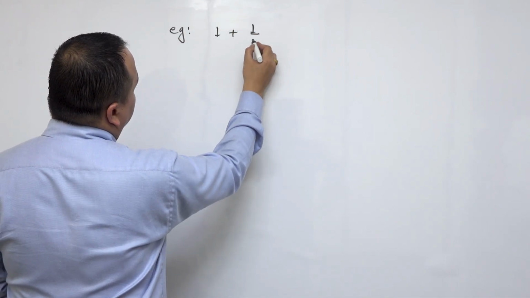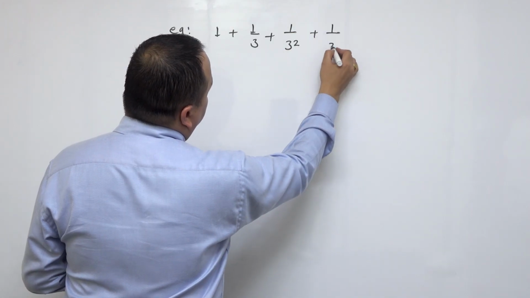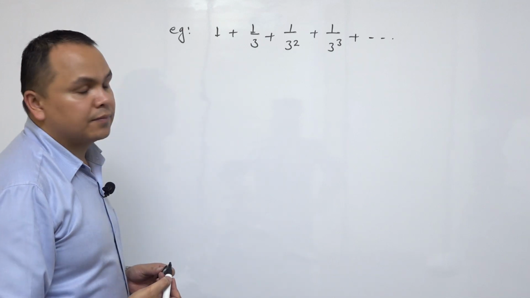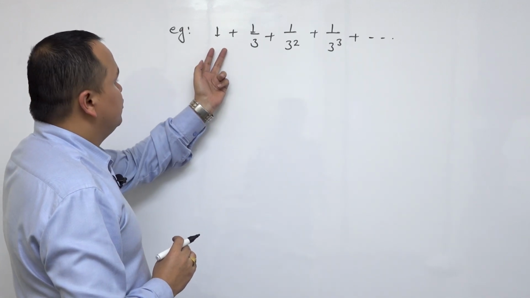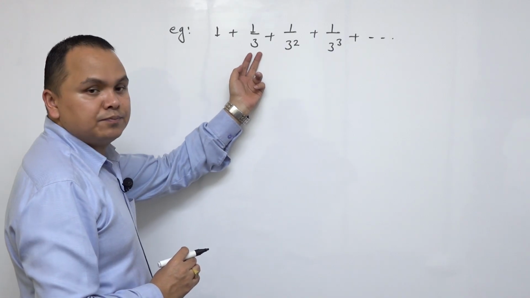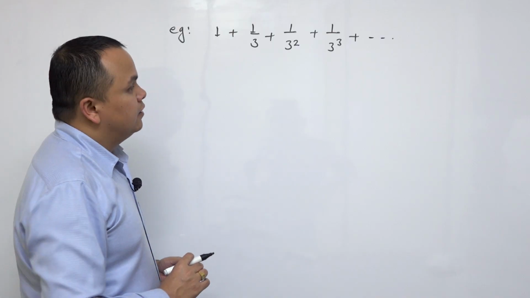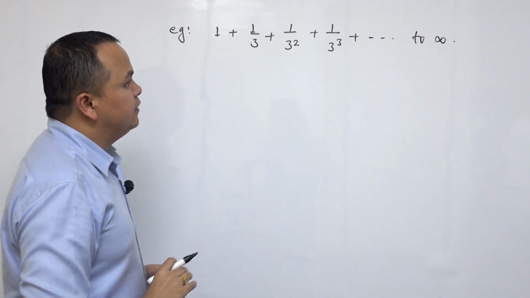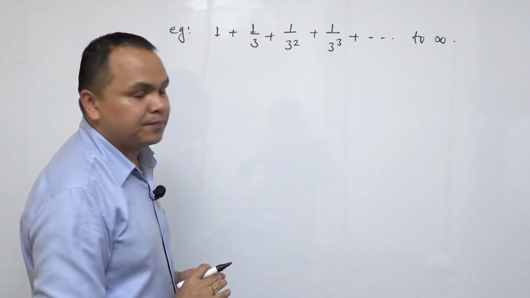Okay, we take one example. 1 plus 1/3 plus 1/3 square plus 1/3 cube plus to infinity. Here T2 by T1 is equal to T3 by T2. So this is a GP, and to infinity, so it is an infinite geometric series.